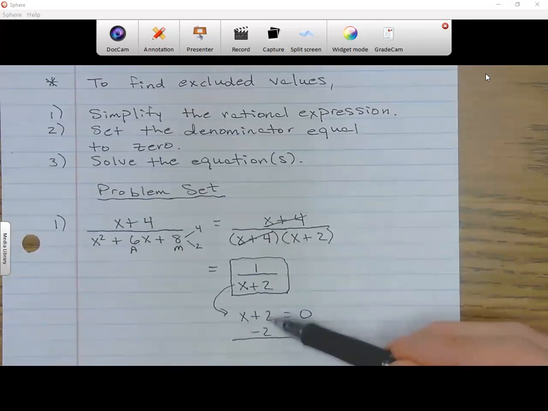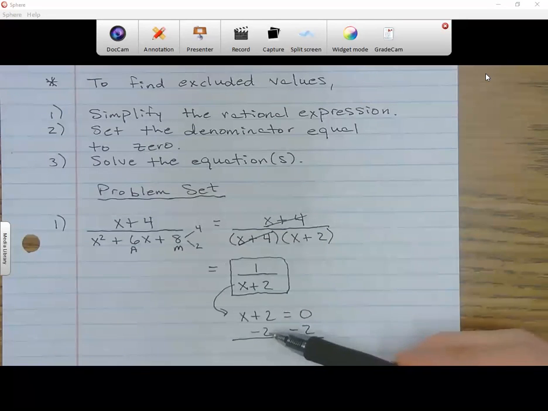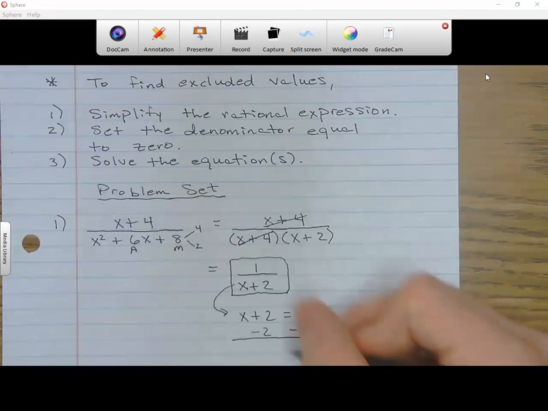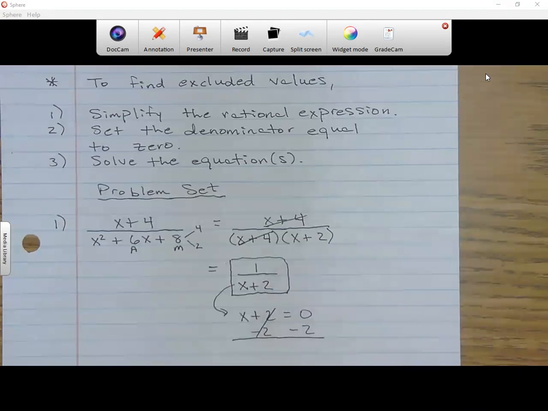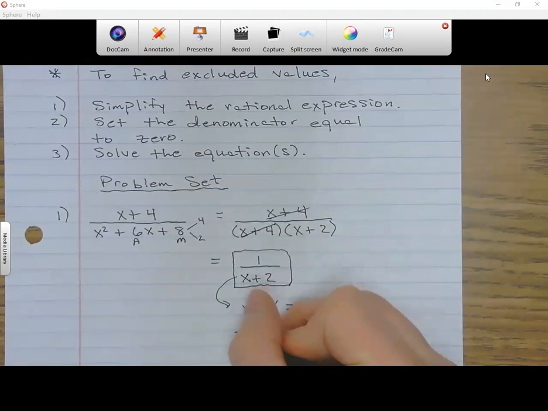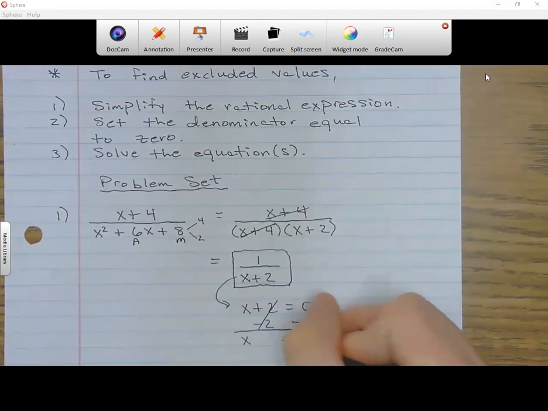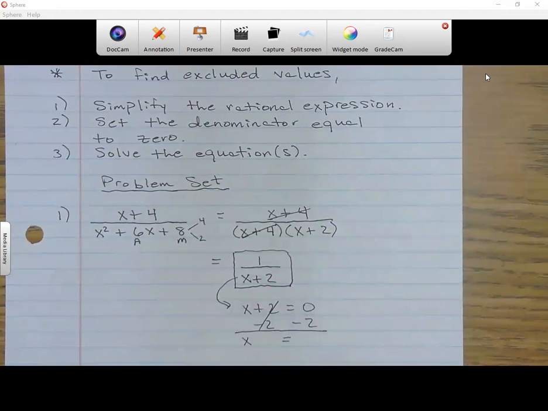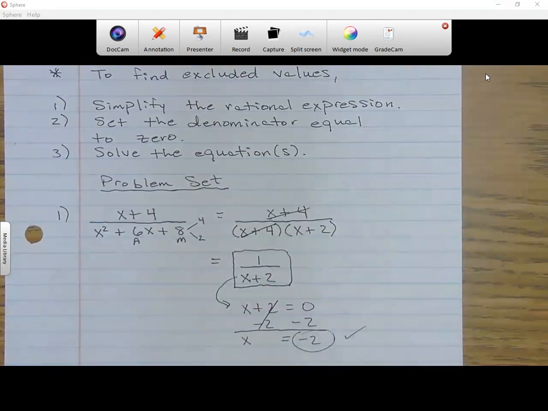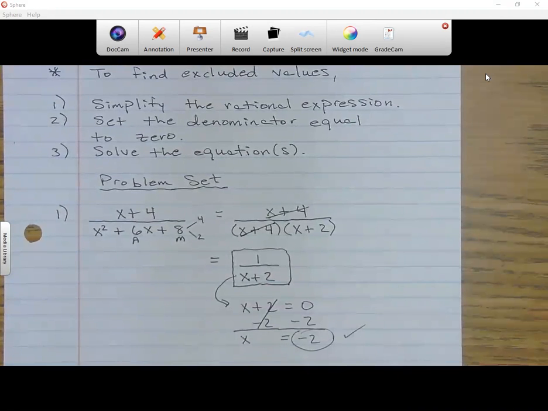So over here, I have plus 2 minus 2. Those are going to cancel out, so I don't need to worry about that anymore. I bring down my x, my equal sign, and then I do the right side of the equation. 0 minus 2 is negative 2. So that's going to be my excluded value. Okay?